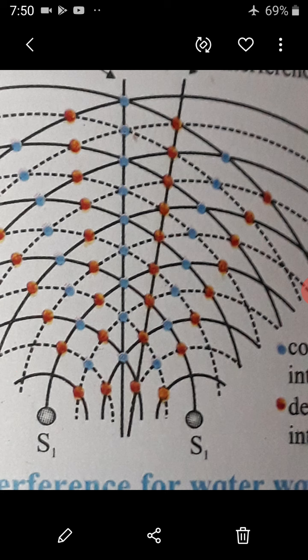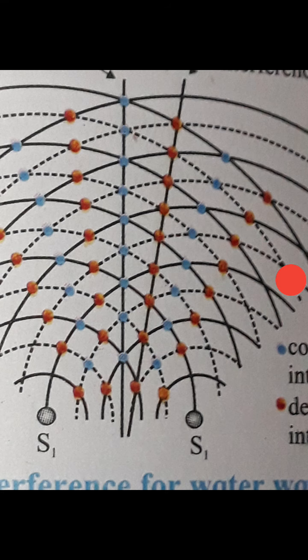If you join these points along the radial distance, you will get a ray, with one red spot and one blue spot. The red is out of phase, and blue is in phase.